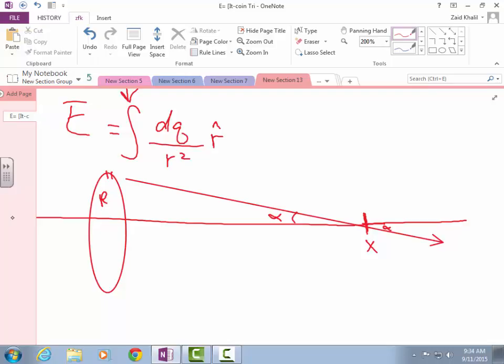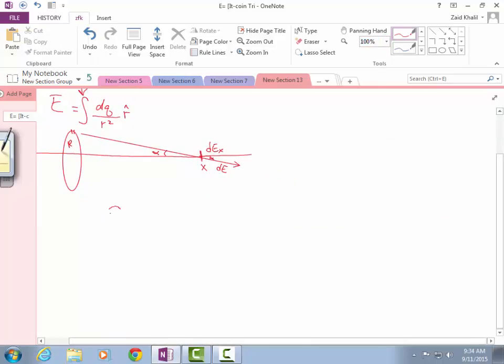So this is the dE, it points this way, but the only component that survives is the component along the x-axis, which you call dEx. And so what's the relationship between dEx and dE? It's cosine alpha. In other words, dEx is equal to dE cosine alpha.